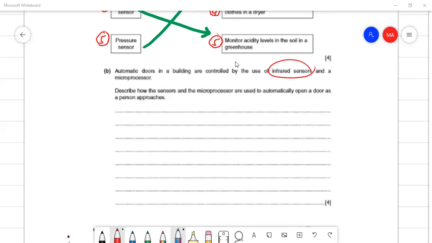So describe how the sensors and microprocessor, this is the main thing. In order to attempt this question, you must relate the sensor with the microprocessor. And then the actuator will respond as per the given instruction of the microprocessor. Is it clear to all of you?